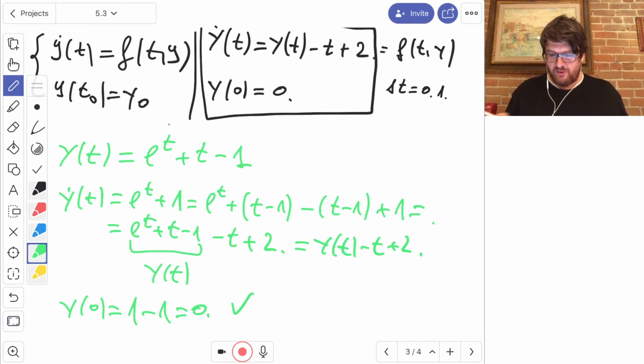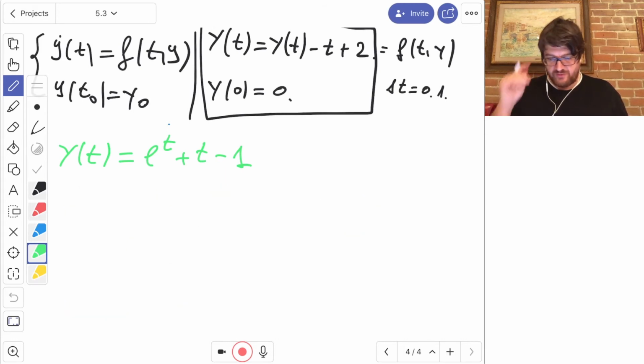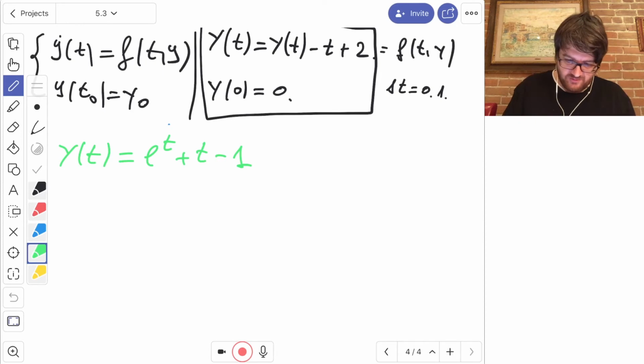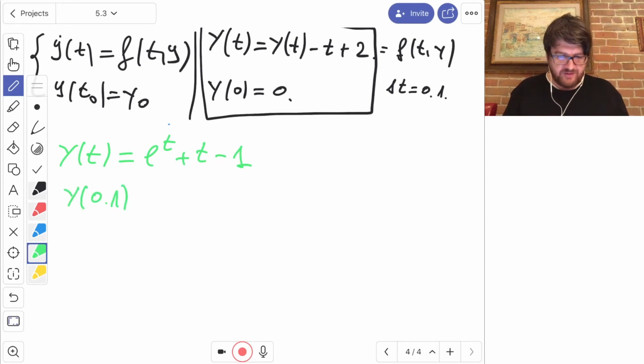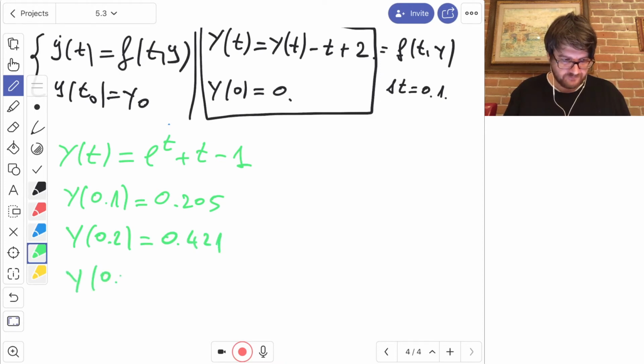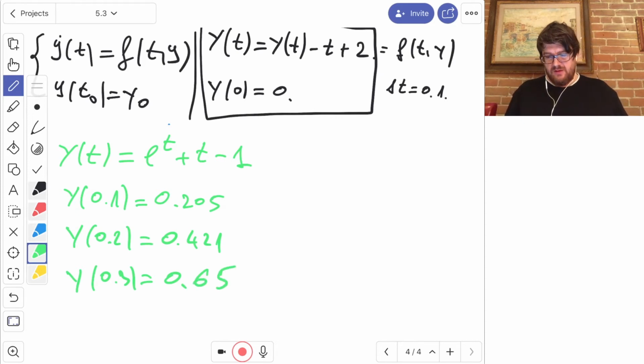But now the whole point of this is, let's see if we can actually compute y of 0.1. And here I have to copy it because I don't have an exponential on my calculator, so I did it earlier. I hope I did it correctly. Okay, so now let's compare.